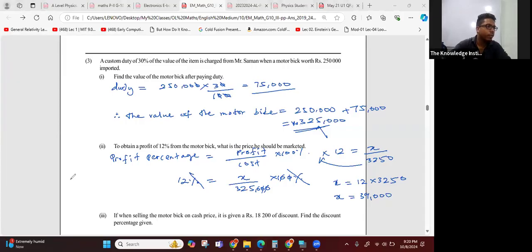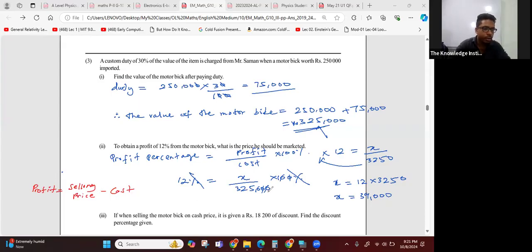Okay, so we know the profit is equal to selling price minus total expense or cost.